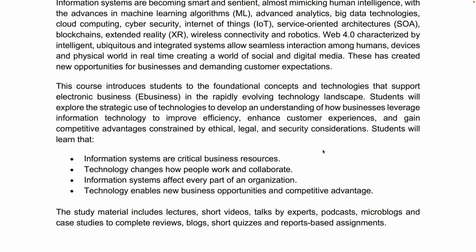So using all this material, you're going to complete reviews of the emerging technology, write blogs, take short quizzes which are not graded, but that helps you check how you're doing with the material. And finally, the report based assignments, that is case studies and a comprehensive project.